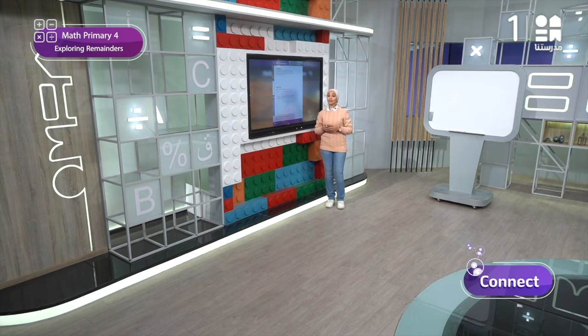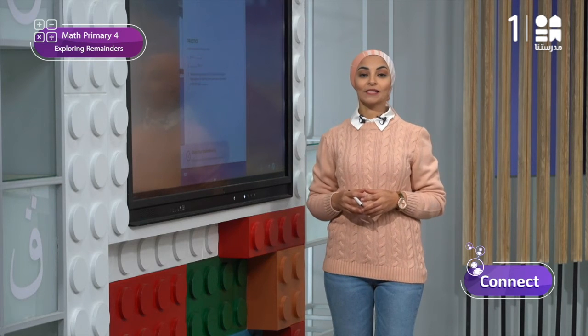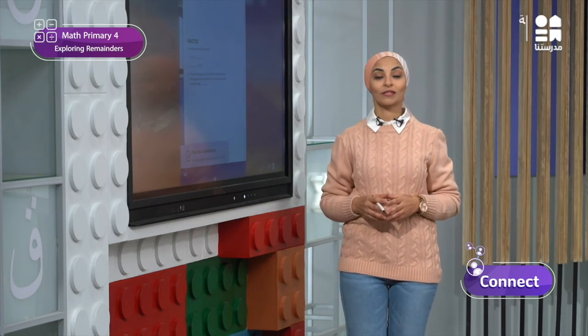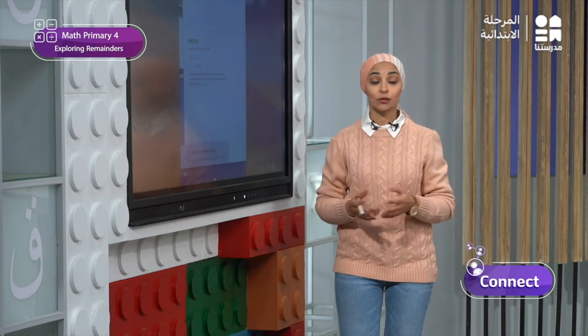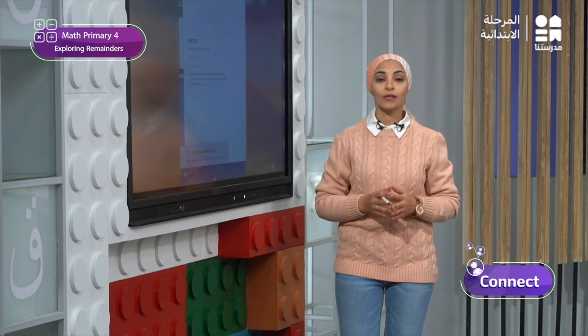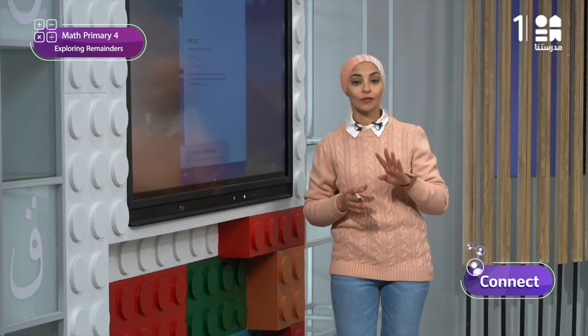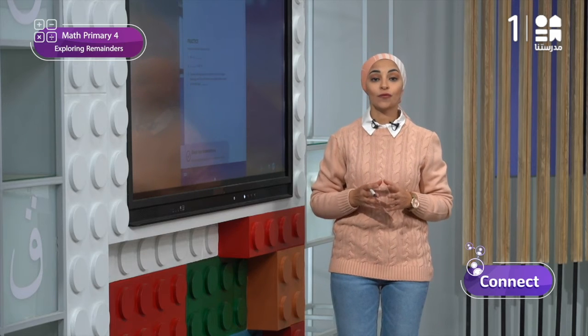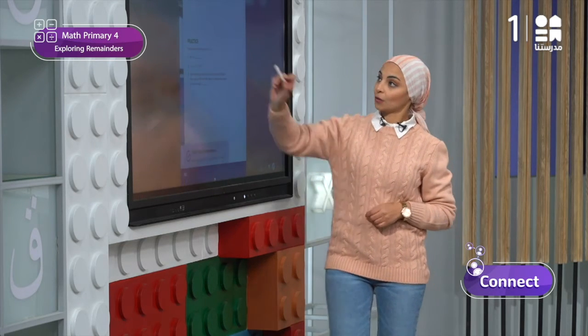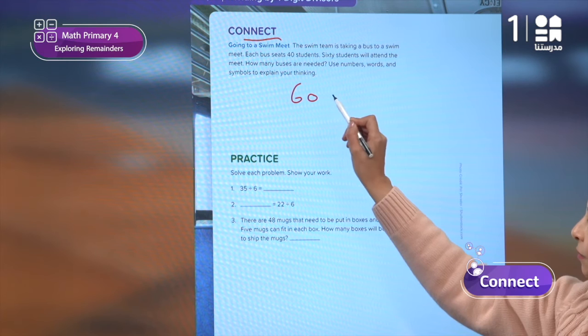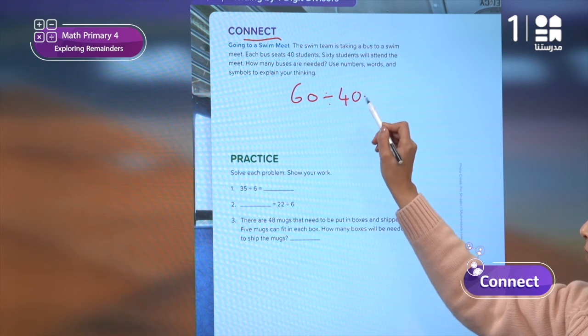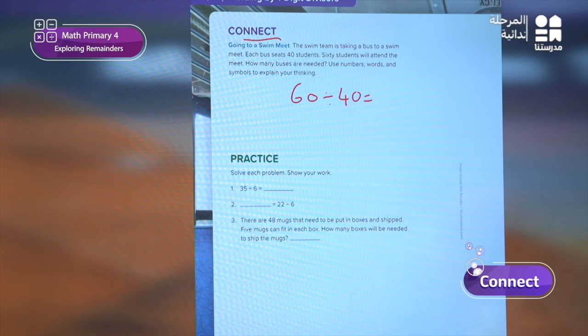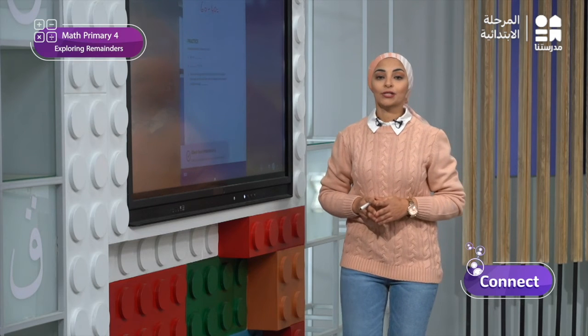And after thinking about the previous problem, let's review together how we can write the division equation. تعالوا نشوف بقى هنكتب ال division equation ازاي. Yes, I will divide the 60 students, all the students, by the number of buses that take 40 students. ليه؟ عشان to find the number of buses. تعالوا نعمل كده 60 divided by 40 عشان أنا عايز أعرف the number of buses, how many buses. طيب, let's write the equation like you see here.